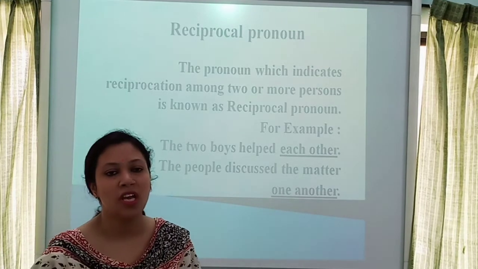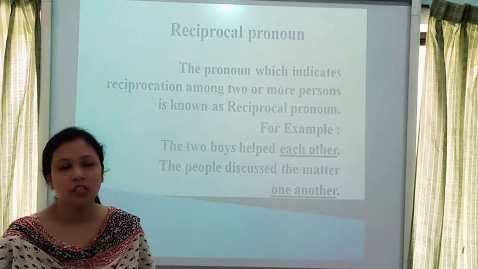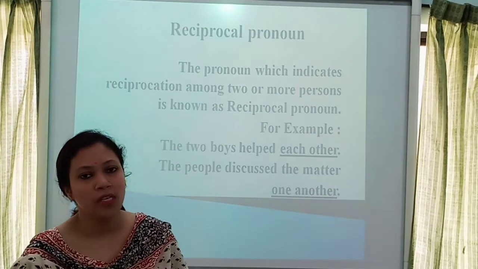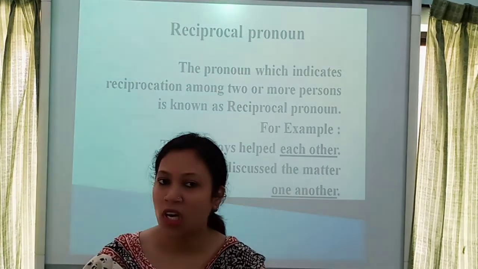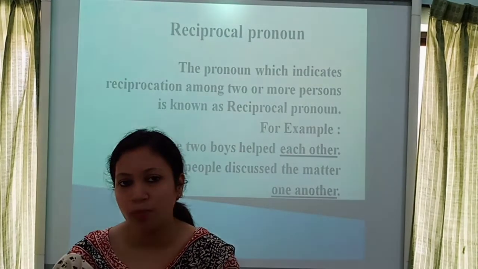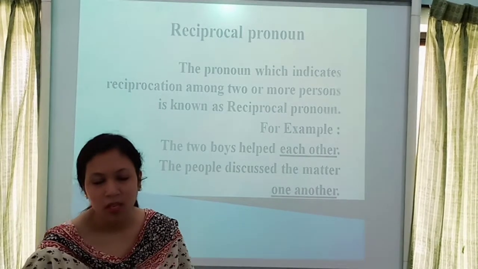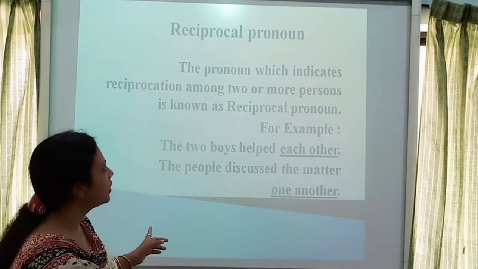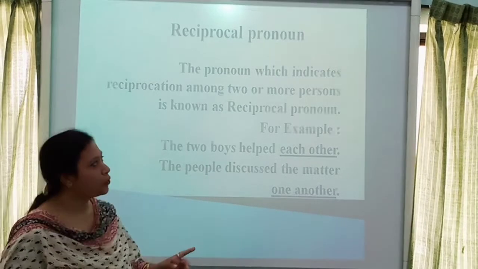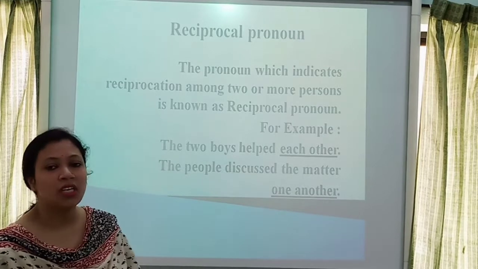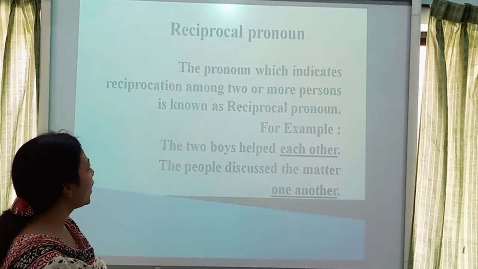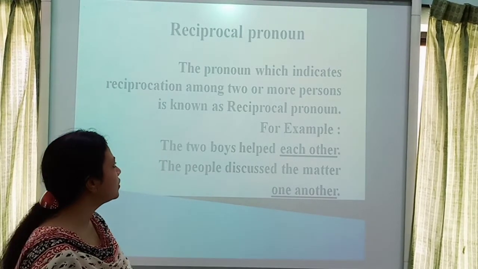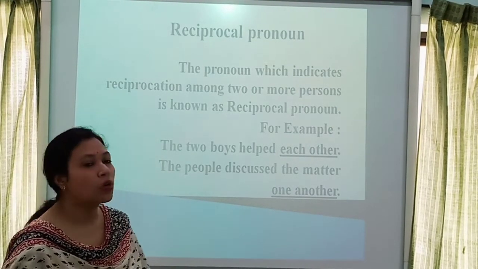Student, I repeat it again. If you find each other or one another in any sentence, you understand it's a reciprocal pronoun, and its identifying points are each other and one another. So students, I repeat it again. Reciprocal pronoun: the pronoun which indicates reciprocation among two or more persons is known as a reciprocal pronoun.